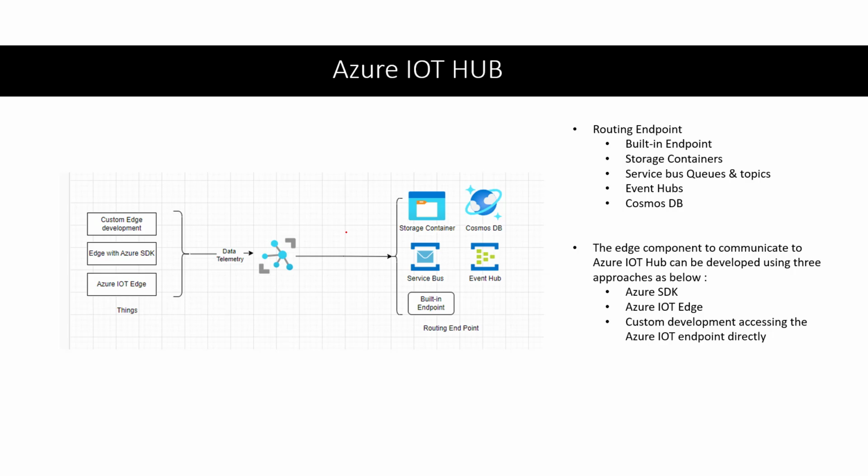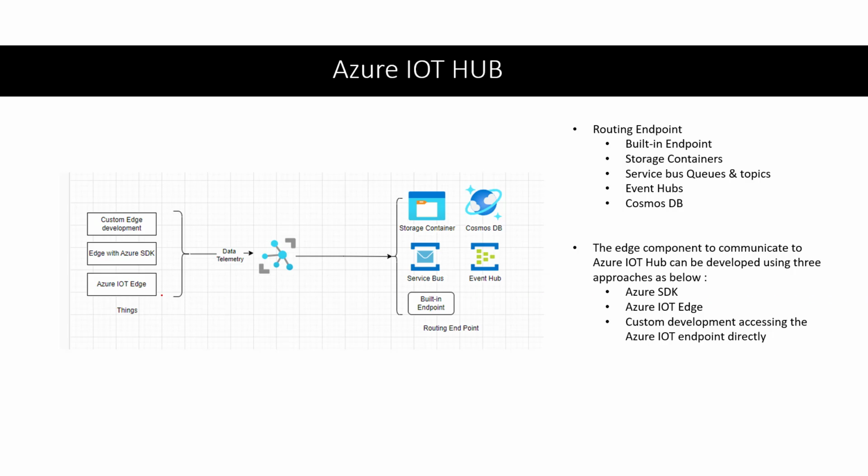One of the ways is to completely go custom edge development. That means that you've got some APIs that are exposed by Azure IoT Hub, and you can call these APIs for sending the messages in basically. So that's the most custom way that you could do it. And why would you do it that way? That's the first one I have shown here, custom edge development.